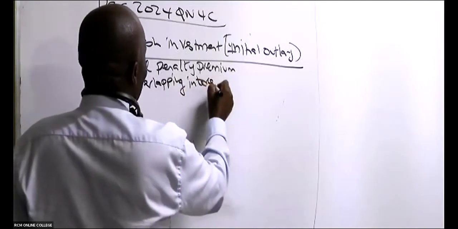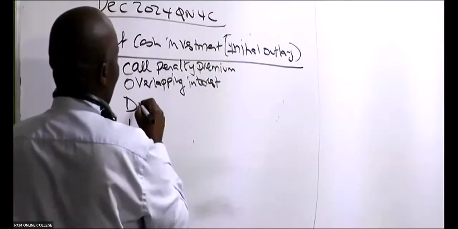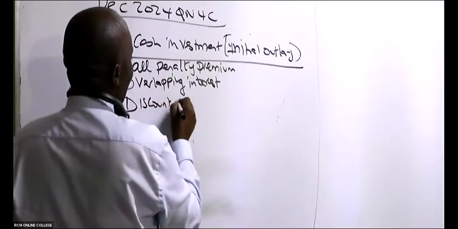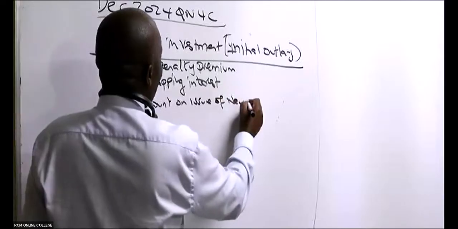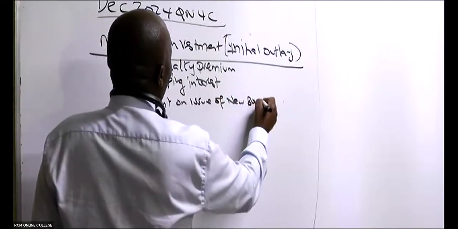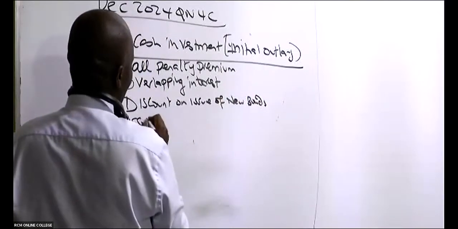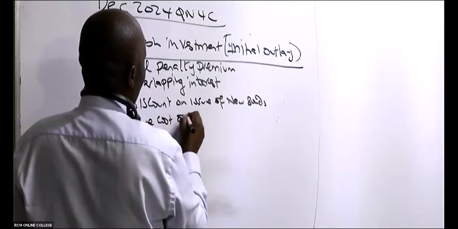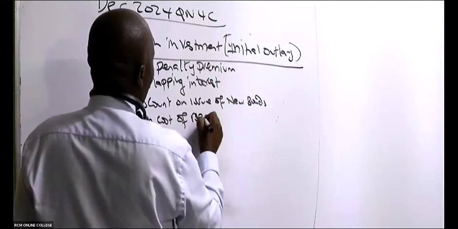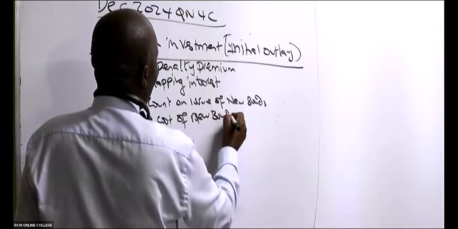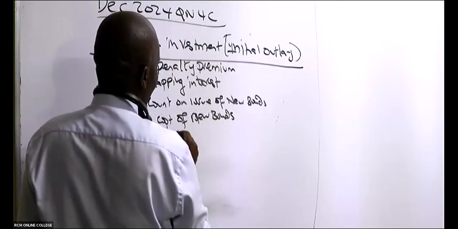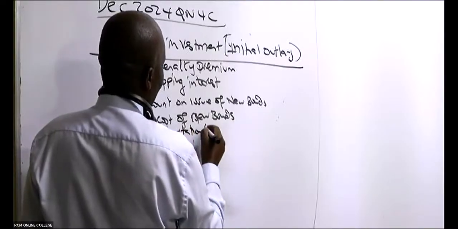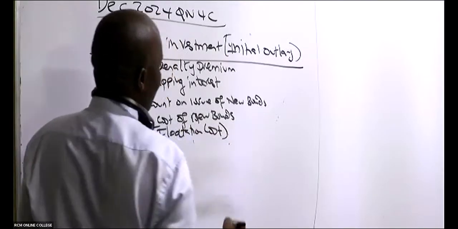We have the discount on issue of new bonds. And we have the issue costs of new bonds, also known as flotation cost.